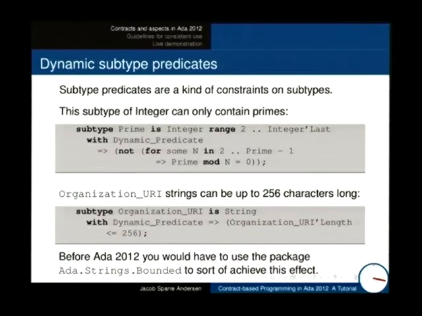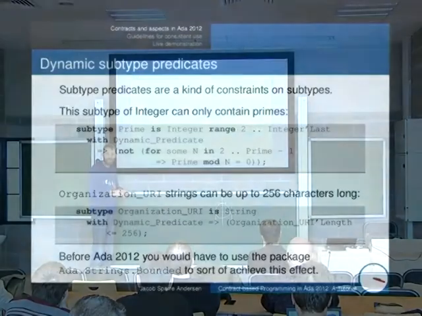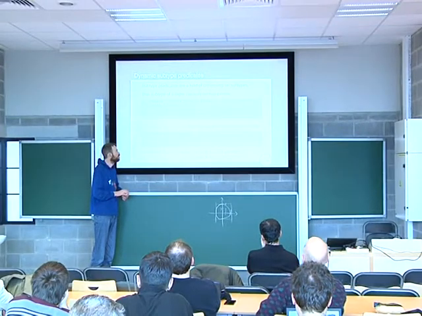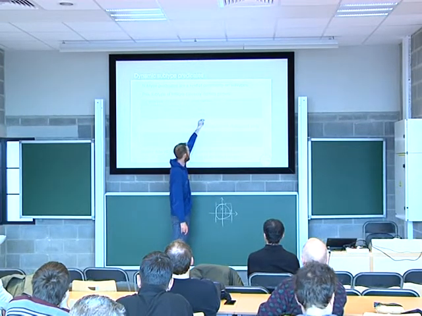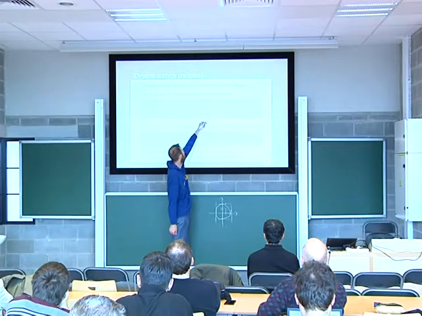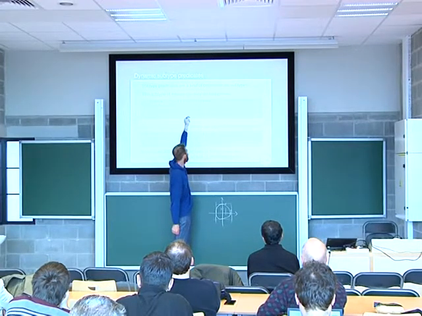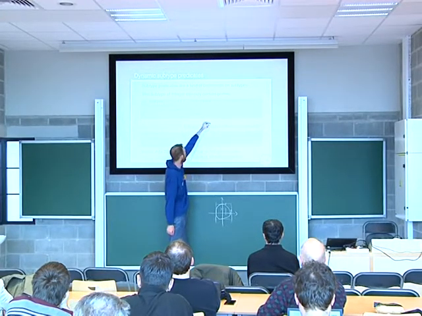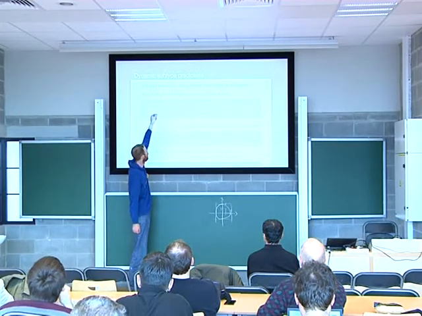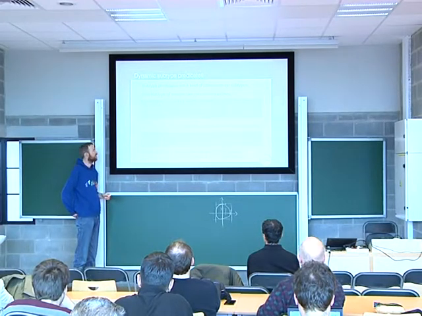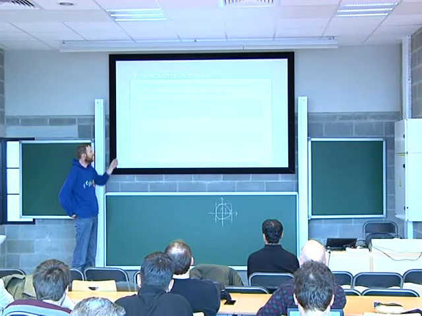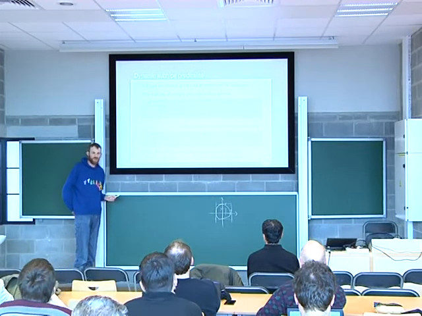And you can't have any factors in the number which are different from 1 and the number itself. Which, if we look carefully here, we say that if prime modulus n is 0 for some n from 2 up to prime minus 1, then our dynamic predicate is not true. So now we have a subtype of integers which is only the primes.